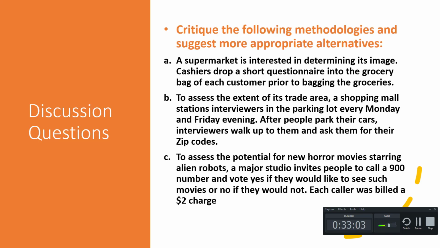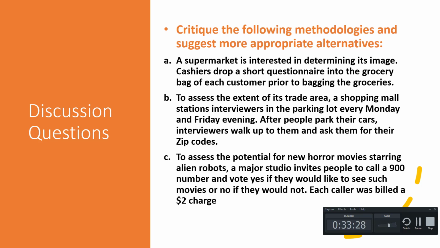Some discussion questions I want you to think about: critique the following methodology and suggest more appropriate alternatives. A supermarket is interested in determining its image. Cashiers drop a short questionnaire into the grocery bag of each customer prior to bagging the groceries. I want you to look at each one and see what kind of answer you come up with.